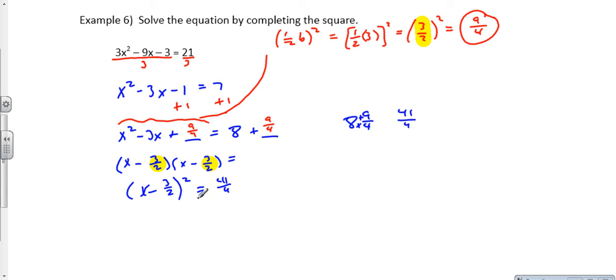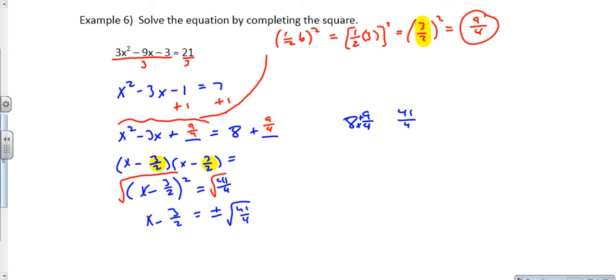So now we have a problem where we would square root both sides, and we get x minus 3/2 equals plus minus the square root of 41/4.